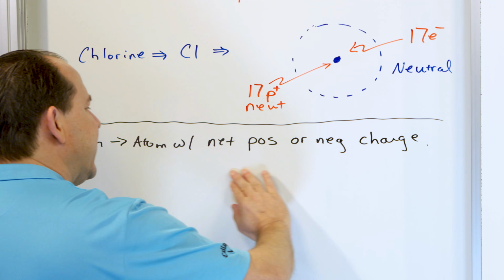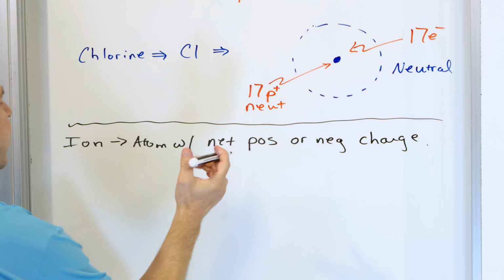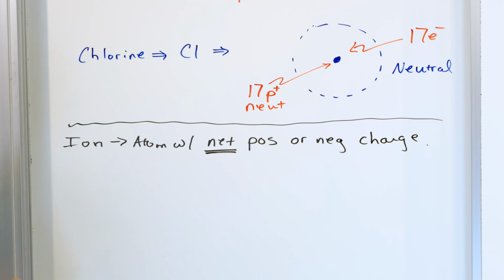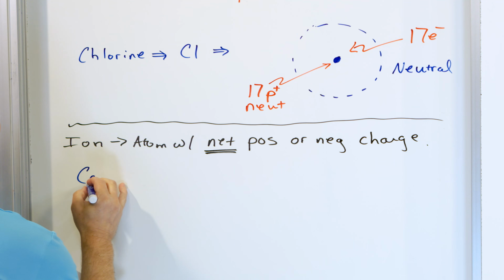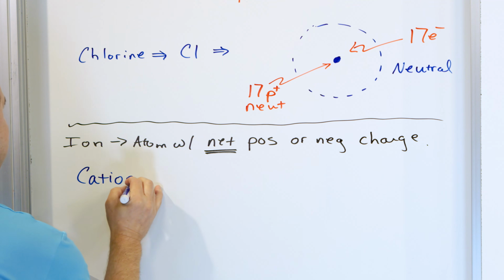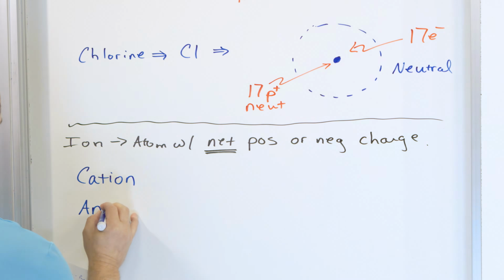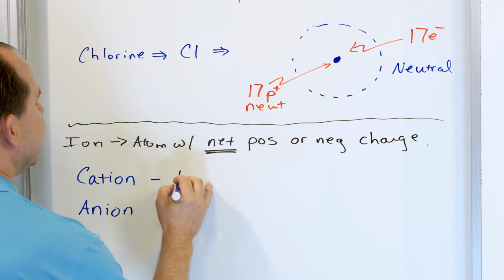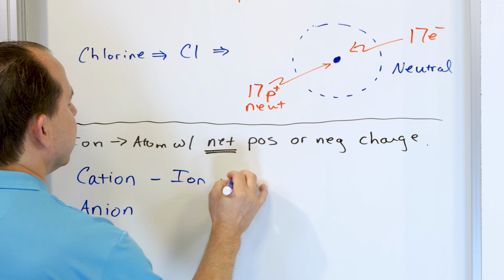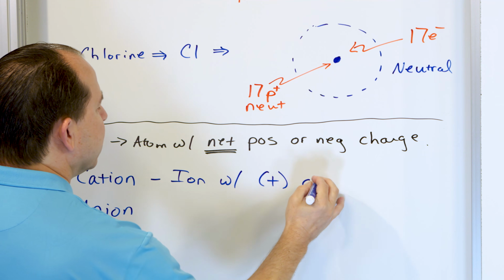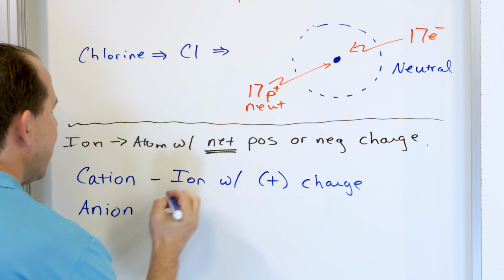So an ion is an atom that has a net, I'm going to underline net, positive or negative charge. There's actually two kinds of ions we're going to learn about. We have what we call a cation, and we have what we call an anion. A cation is an ion with positive charge. And what do you guess this is?